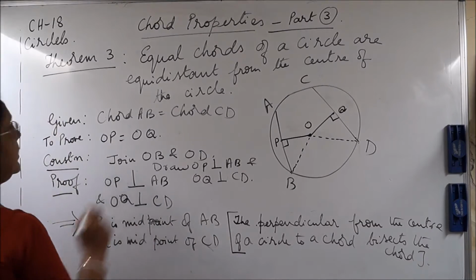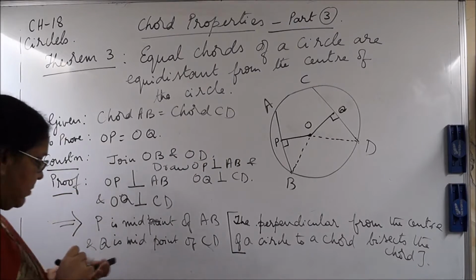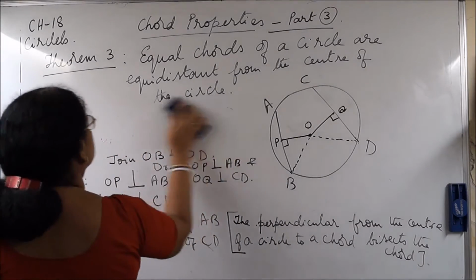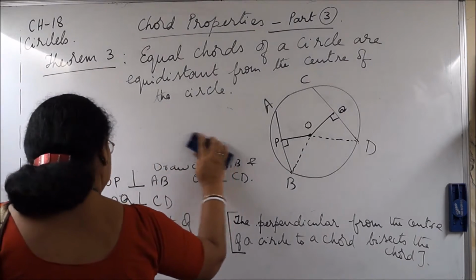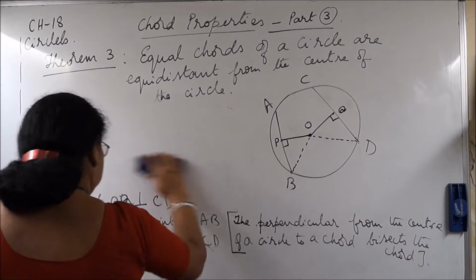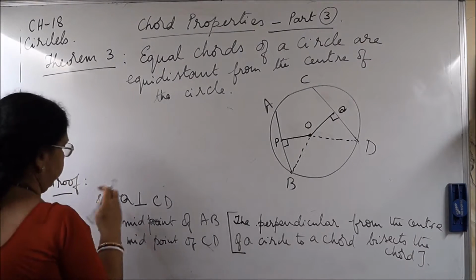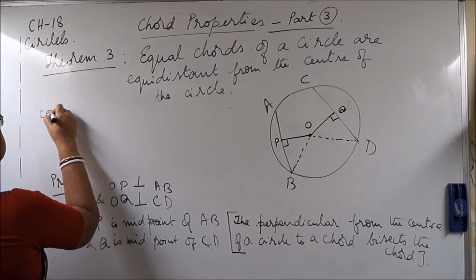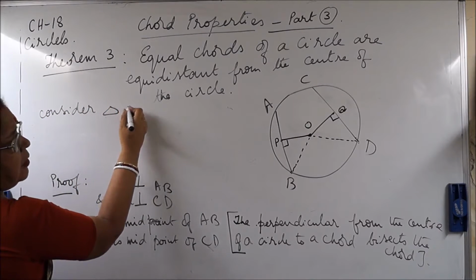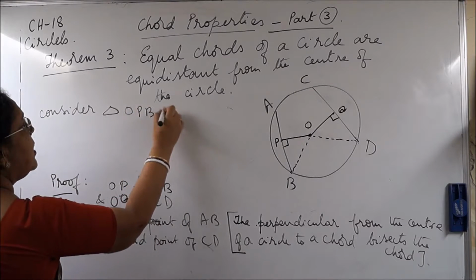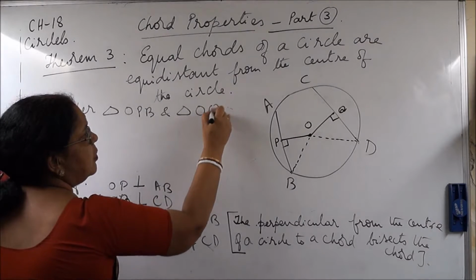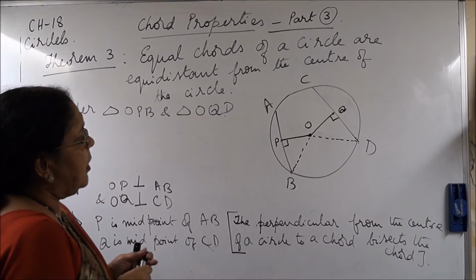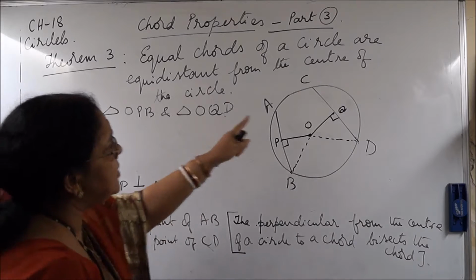Now consider triangles OPB and OQD. Okay, now in this we already have proved P is midpoint of AB and Q is midpoint of CD.